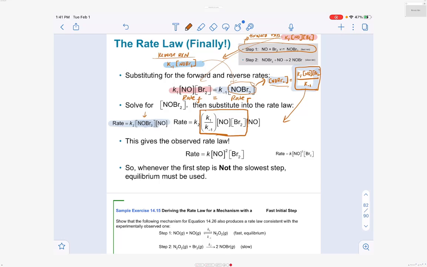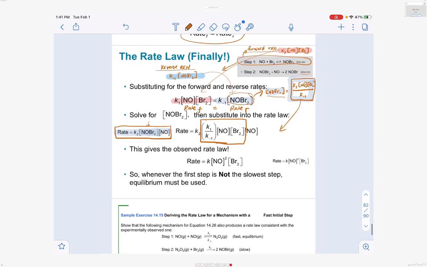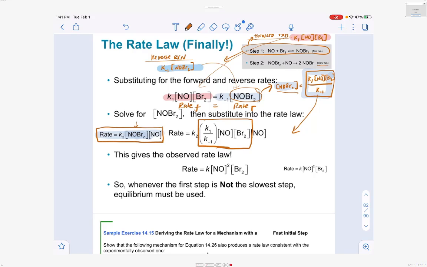So again, we have this rate law from the slow reaction, the step 2 reaction, but we don't want to express the rate law in terms of an intermediate. So we were on a journey to find a different expression for this intermediate, and we have successfully found a different expression for it, which is this.